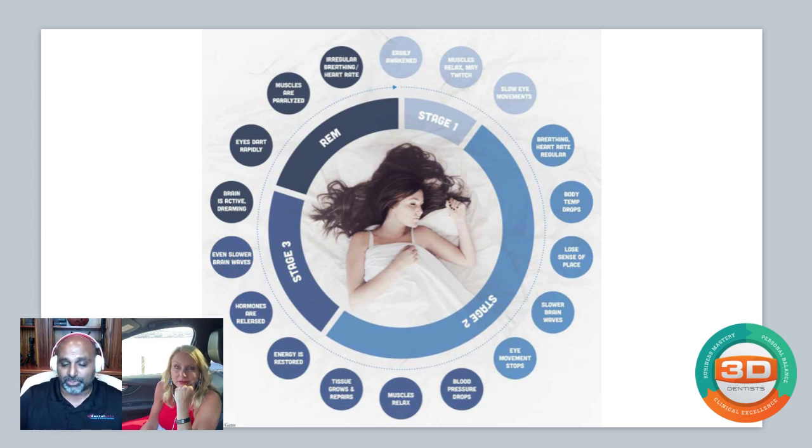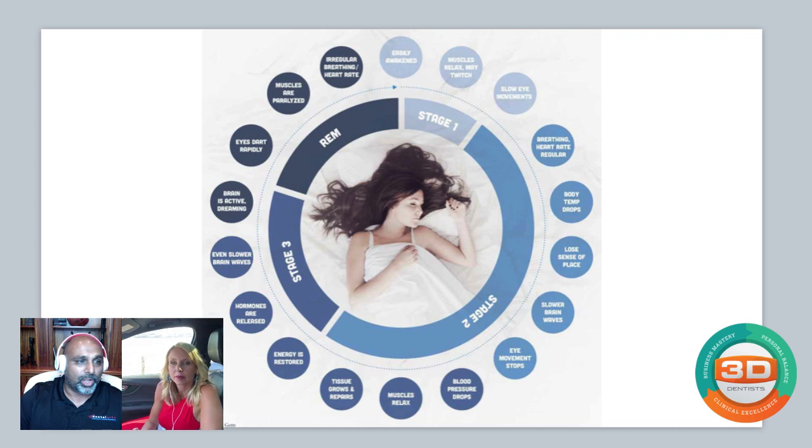And when we have sleep disturbances, whether it's for a second, whether it's for 10 seconds, whether it's just stopping breathing or just having a decrease in oxygen, you disrupt this sleep. And when you disrupt the sleep, these processes don't happen, and you, to a certain degree, start this sleep cycle all over again.